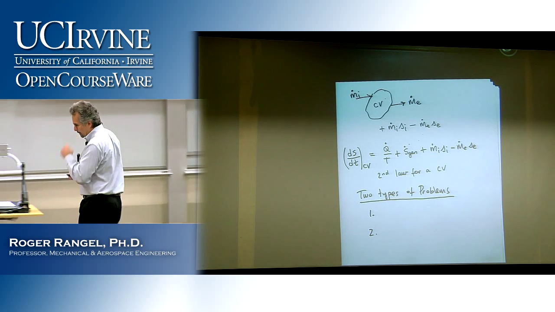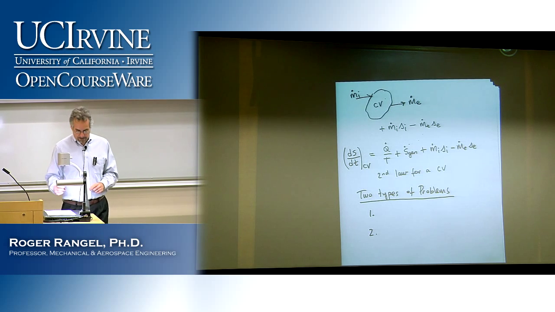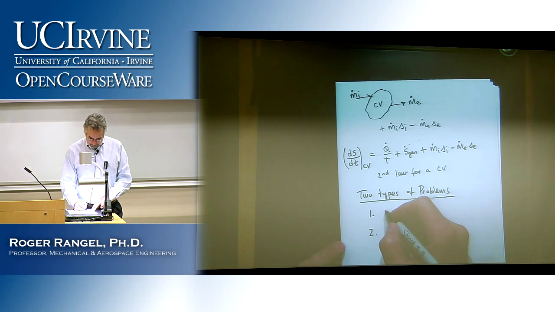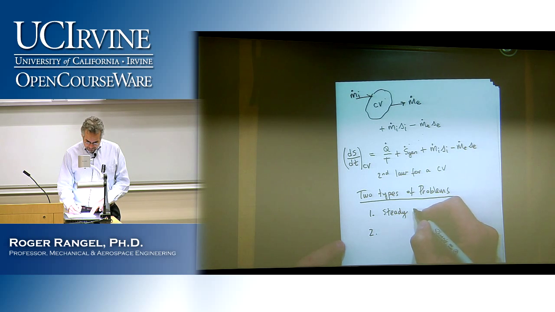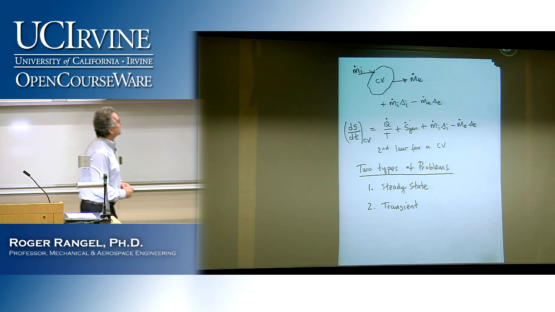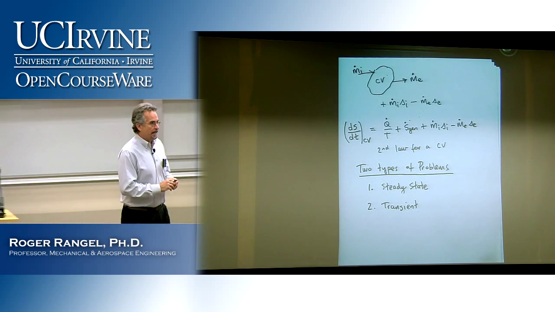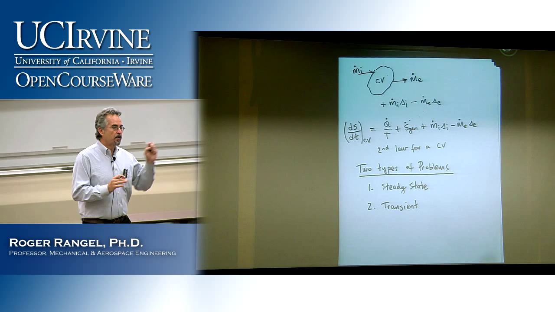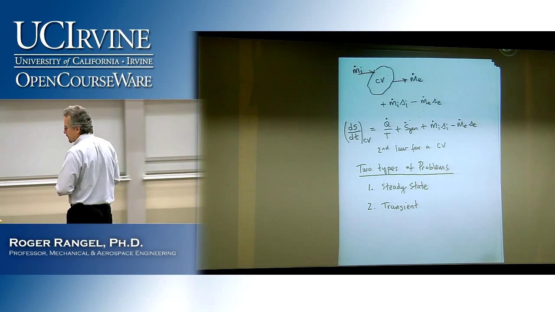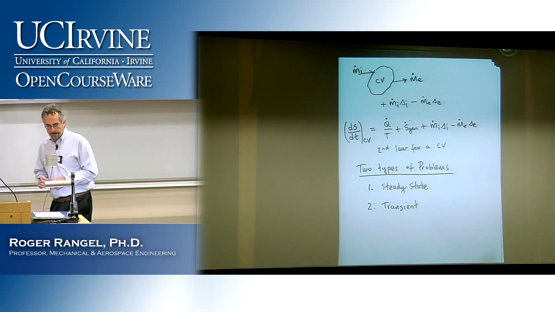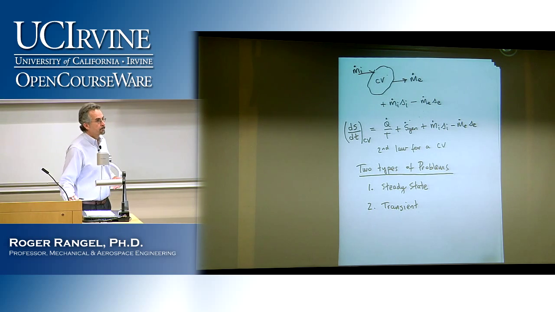If it's not steady, it's transient. So we're going to do exactly the same thing. So we'll look at some steady state processes, and we will look at some transient processes. And it's just because for each one of these two, the equation can be simplified somewhat, or changed. In the case of the transient problem, we'll have to change the equation a little bit.